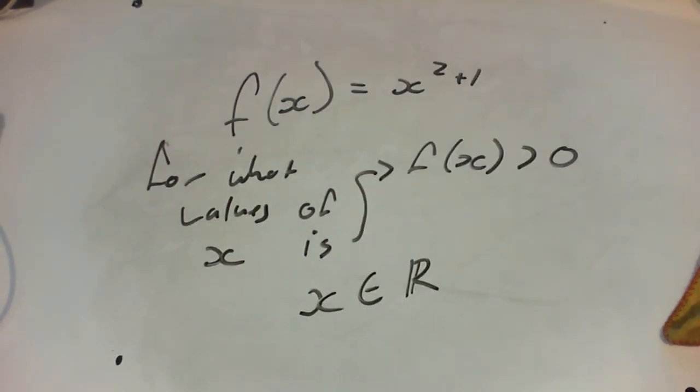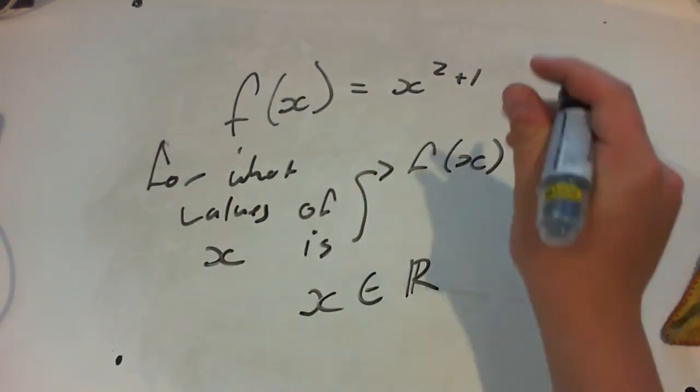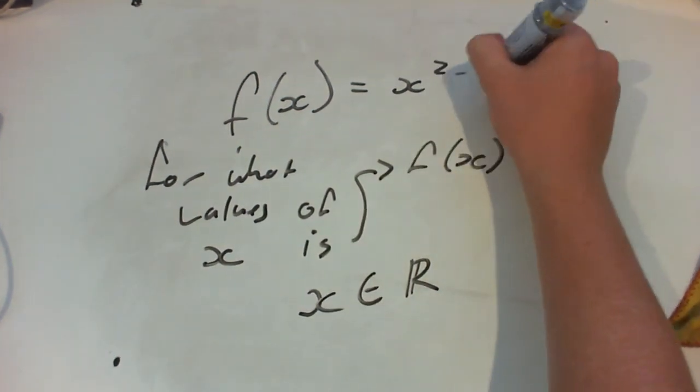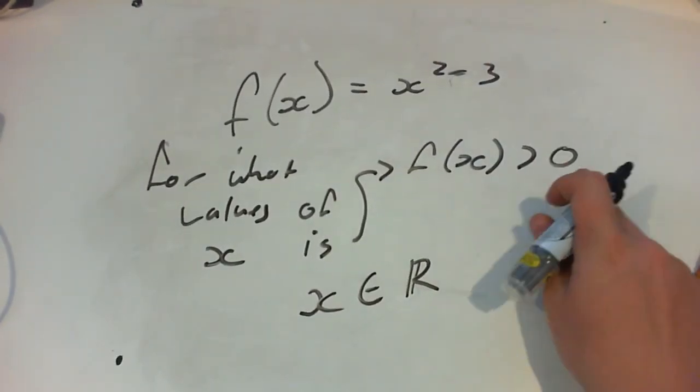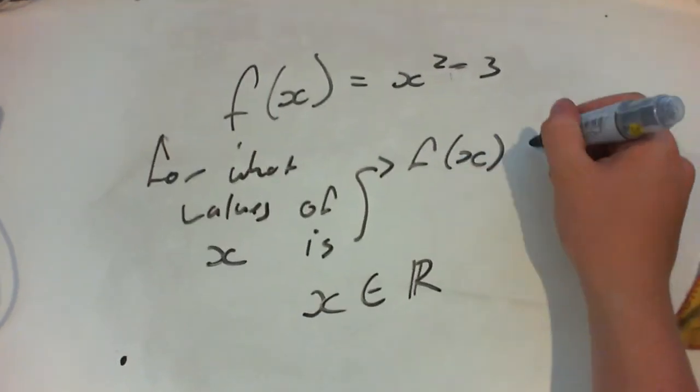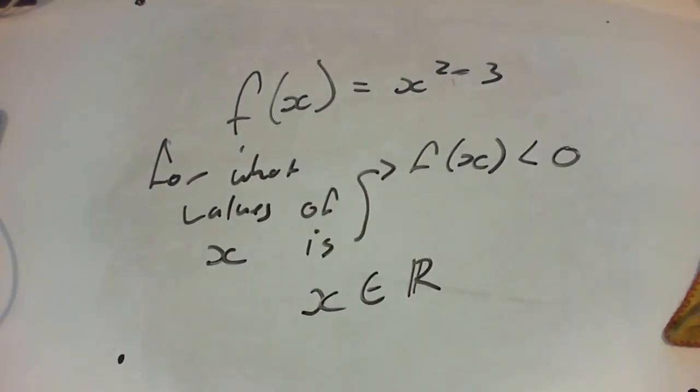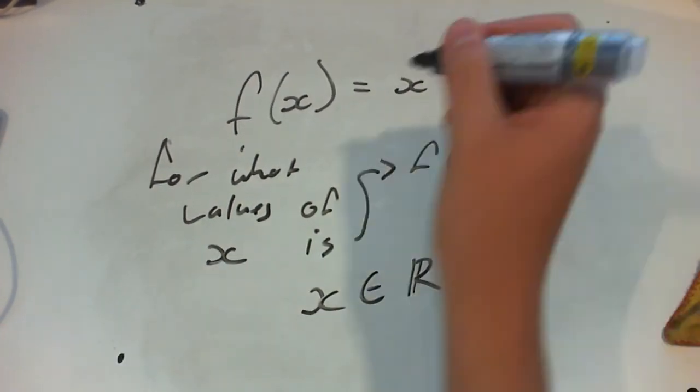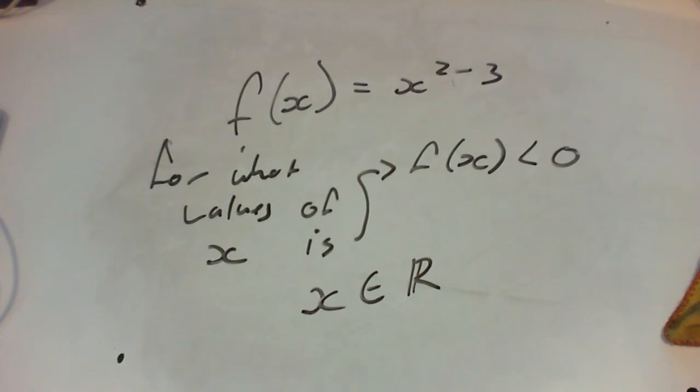We can try a different question now. For x squared minus 3, which part of the graph is less than 0? X squared minus 3. Which part of the graph is less than 0?